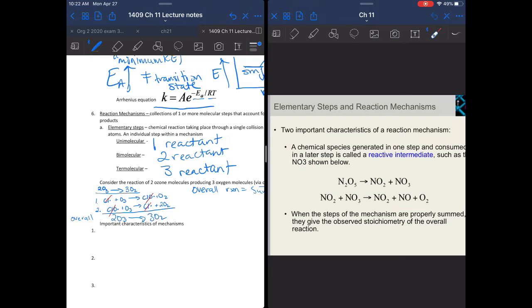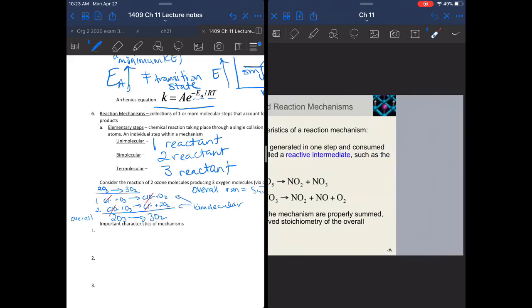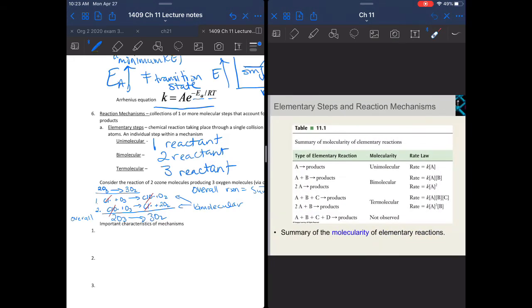A couple of things that we can point out here: both steps are bimolecular. The first step, you need a chlorine radical and an O3 molecule. And in the second step, a chlorine oxygen radical and an O3 molecule. There are a few things that we want to point out that are characteristics of mechanisms.